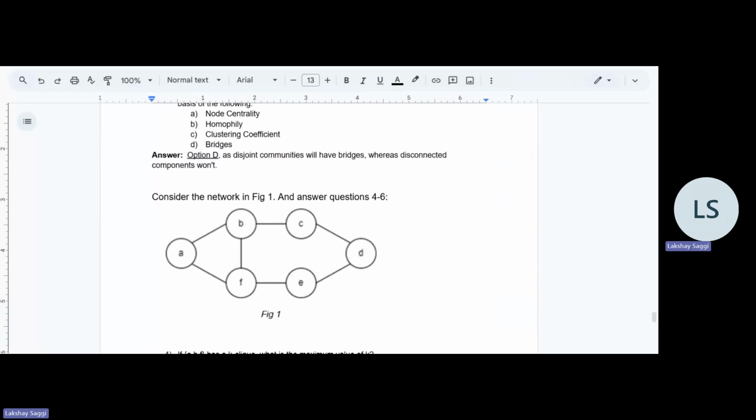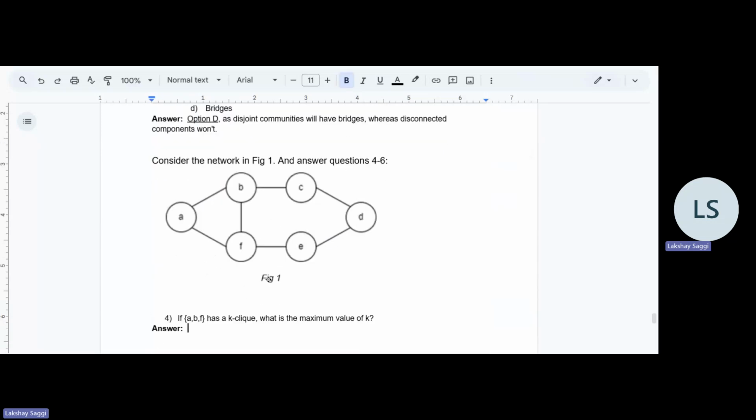Okay, and now based on this figure, I think we'll have to answer questions 4 to 6. This is a graph given to us. And now the problem is, if A, B, F is a K clique, what is the value of K?